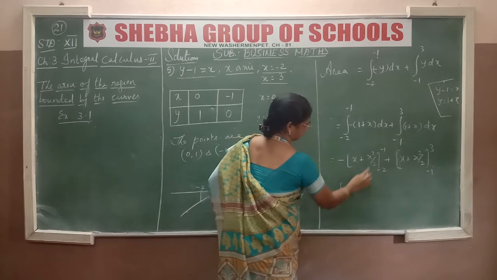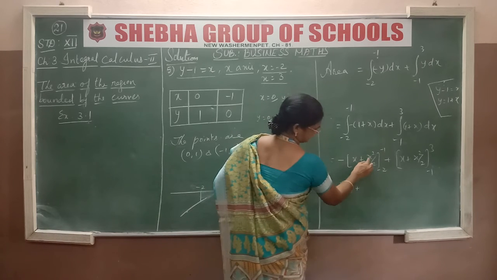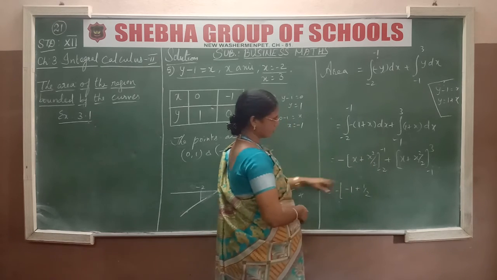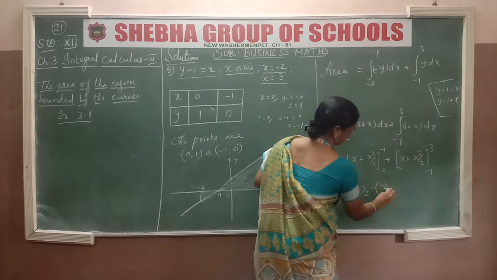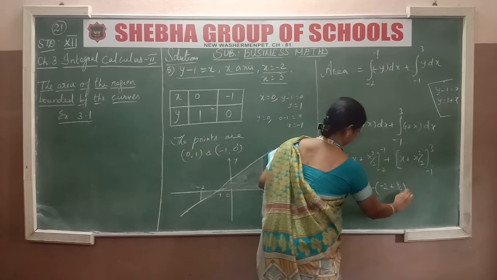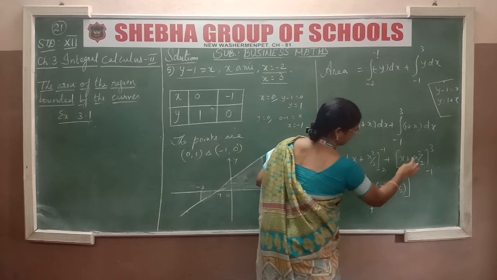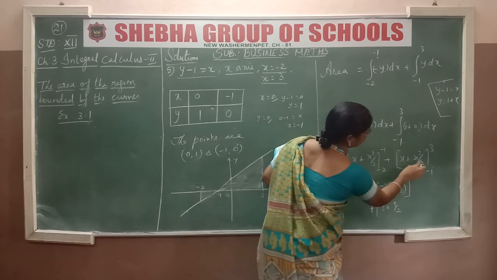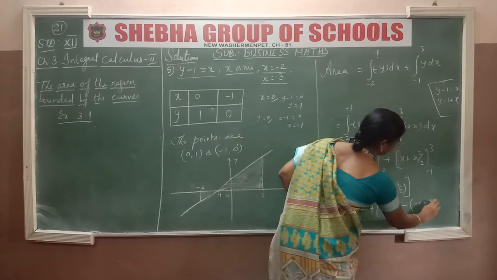Now substituting the upper limit first, minus 1 plus minus 1 the whole square is plus 1 by 2, and next substitute minus 2, minus of minus 2 plus minus 2 the whole square is 4 by 2. And the second one, first substitute 3, that is 3 plus 9 by 2 minus minus 1 plus 1 by 2.